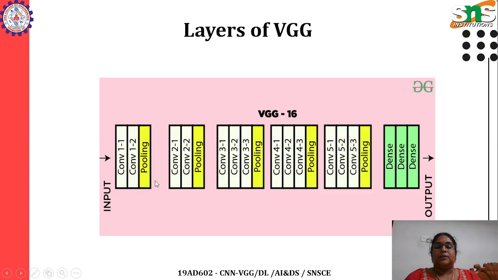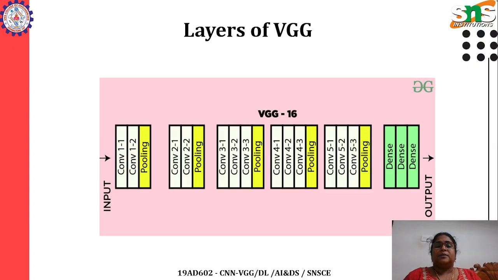Between the input and output, we have convolution layer 1, convolution layer 2, pooling layer, convolution layer 2, pooling layer, convolution layer 3, pooling, then convolution layers 4, 5, and the last will be the dense layer. So this is the architecture of the VGG16 version.